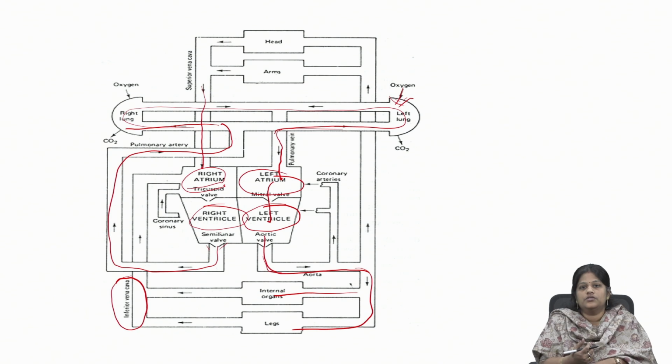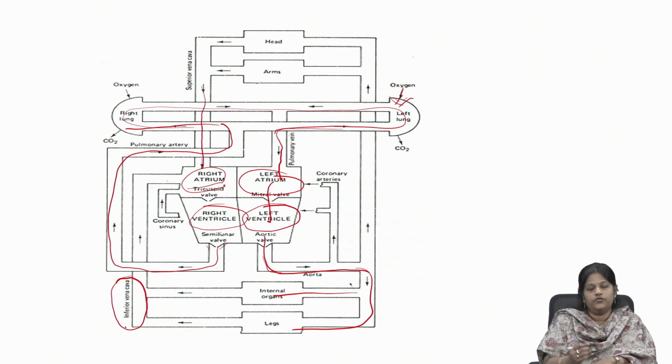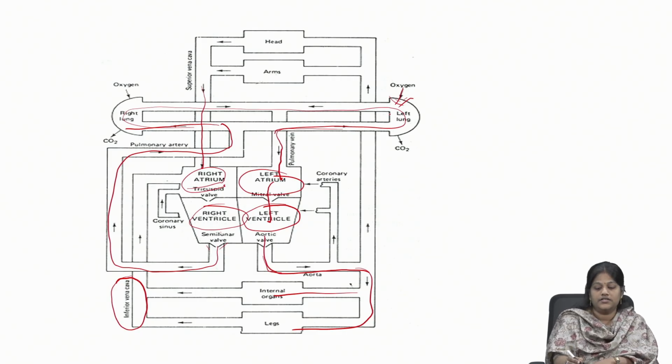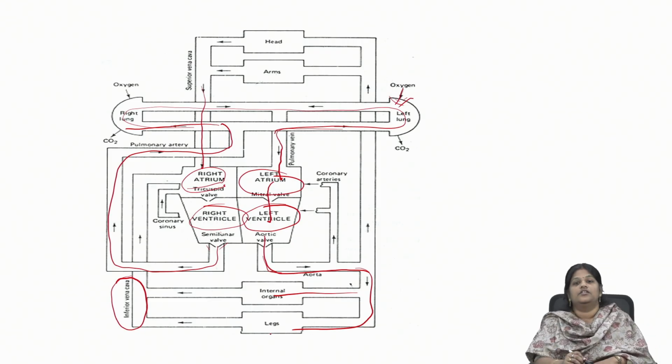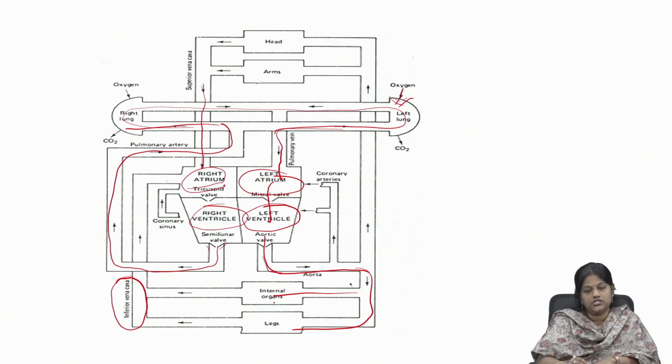The oxygen enriched blood flows through the left side part of our heart and then to the remaining lower extremities, internal organs and the legs.